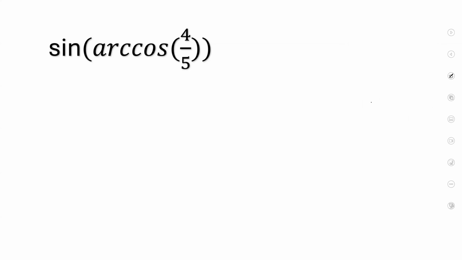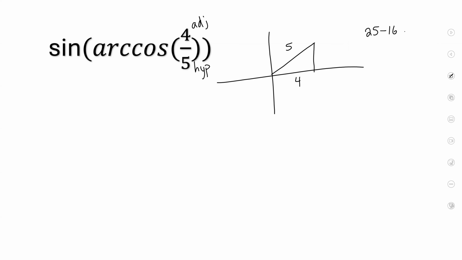Okay, so I'm going to draw a triangle. And I know that this is adjacent over the hypotenuse. So this is 4, 5. So if I do the Pythagorean theorem, I get 25 minus 16, which is 9, and the square root of 9 is 3. Okay.